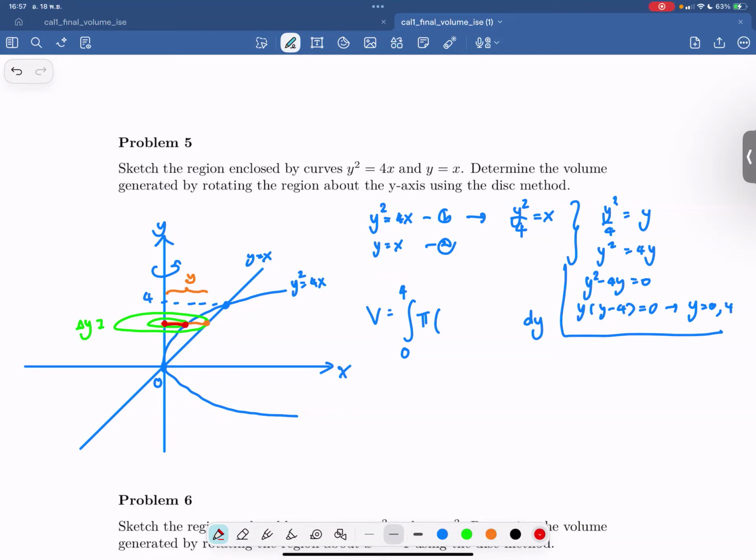So we need the function in terms of y. So I will isolate x to be y squared over 4. So the inner radius is y squared over 4. Combining, we have the outer radius y, and the outer radius squared is y squared, minus the inner radius y squared over 4, squared.